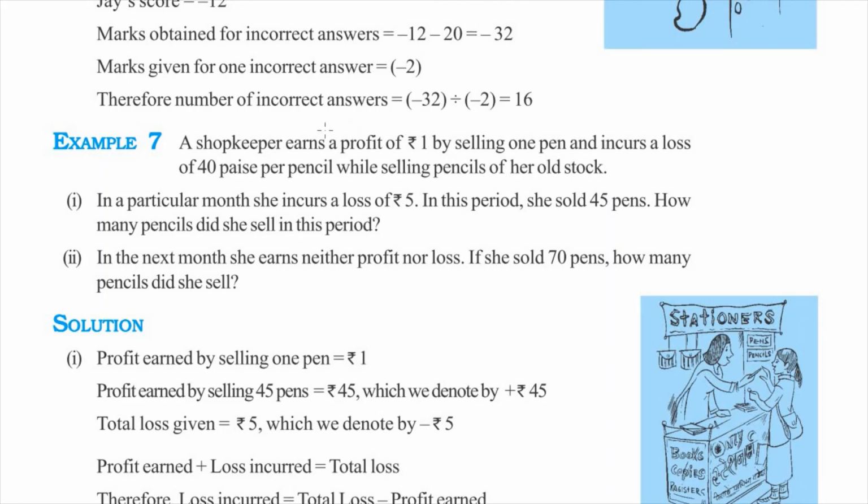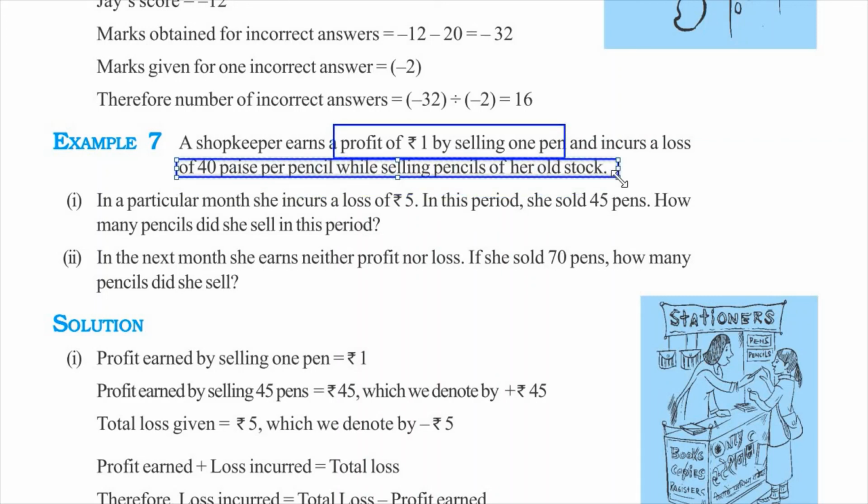Okay, so this shopkeeper, she earns a profit of 1 rupee by selling one pen, and she loses 40 paisa per pencil while selling pencils of her old stock. In a particular month, she incurs a loss of rupee 5. In this period, she sold 45 pens. How many pencils did she sell?